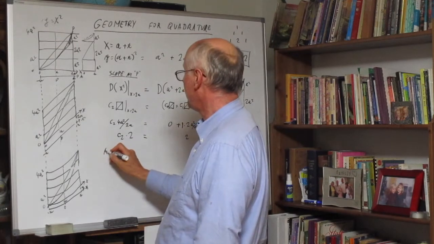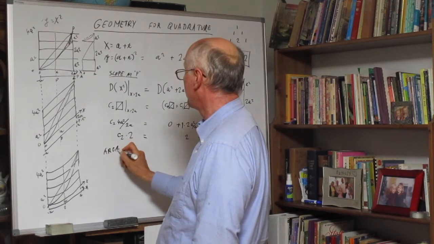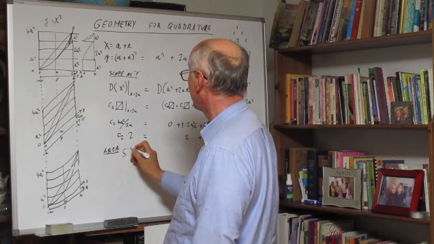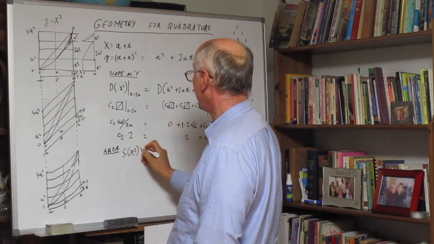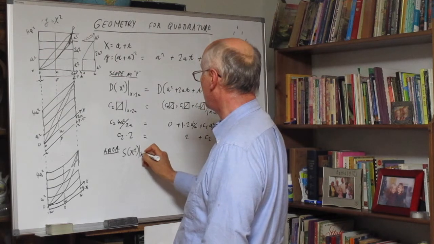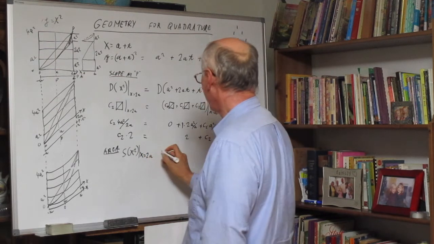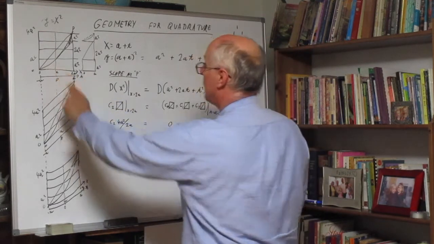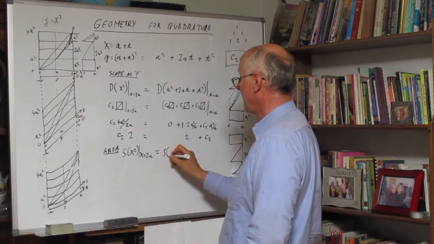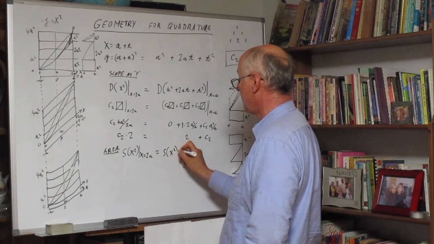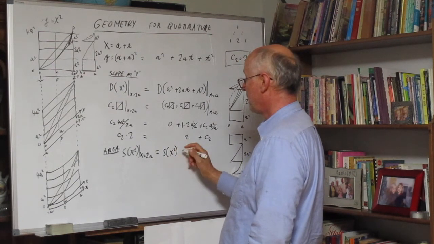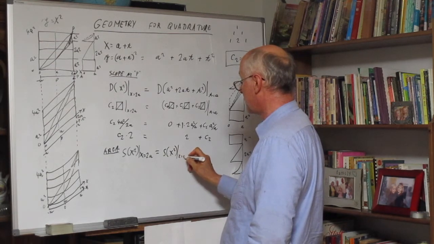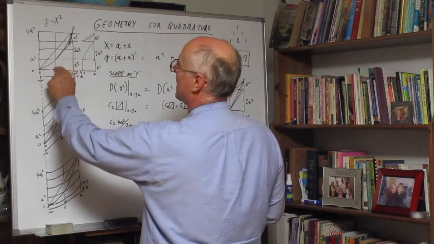And the area, that's our S of x squared evaluated at x equals 2a, equals this little guy, the signed area of x squared, still from the x perspective, but evaluated at x equals a, because we want this little guy.